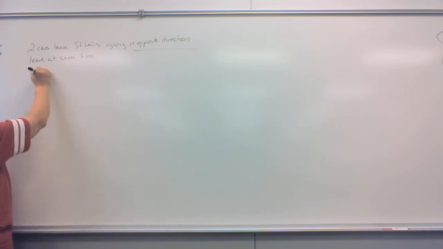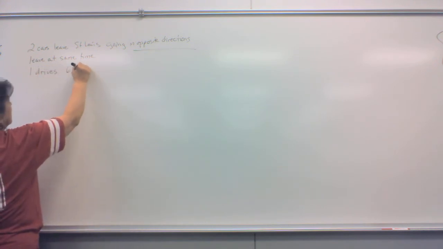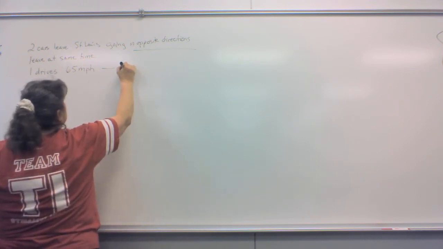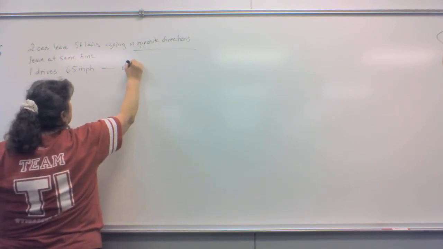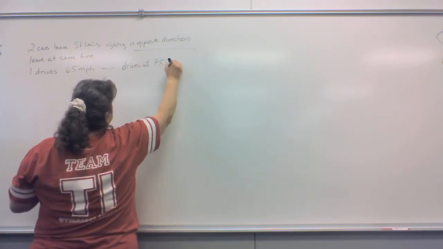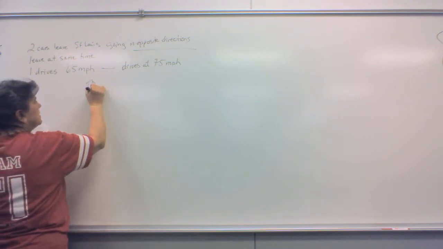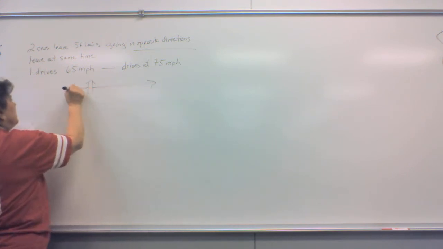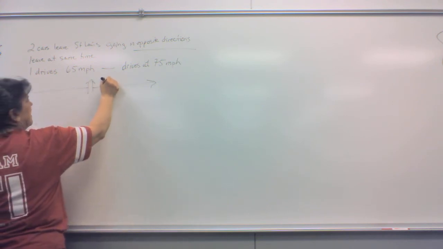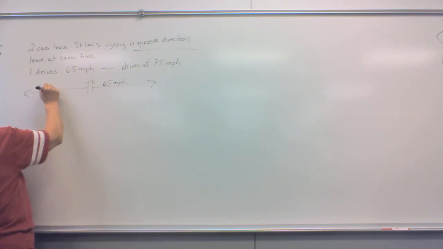One drives at 65 miles per hour. The other drives at 75 miles per hour. So if we were to draw a picture, here's St. Louis. One goes one direction, the other goes the other direction. One is going 65 miles per hour, the other one is 75 miles per hour.